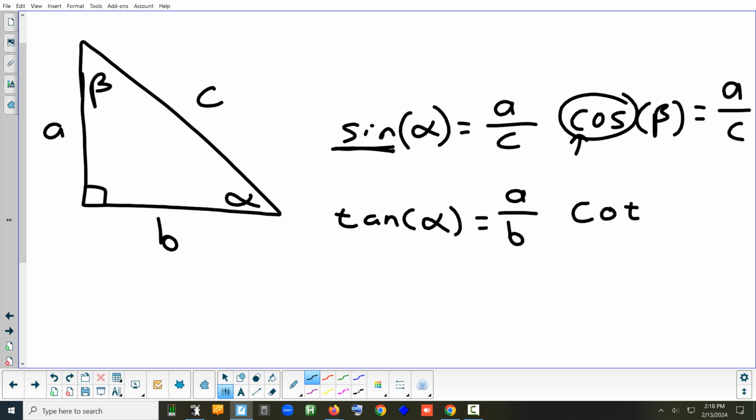So the cotangent. And what angle is complementary to alpha? Beta. Cotangent is adjacent over opposite. What side is adjacent to beta? A. What side is opposite beta? B. Comes out the same again.